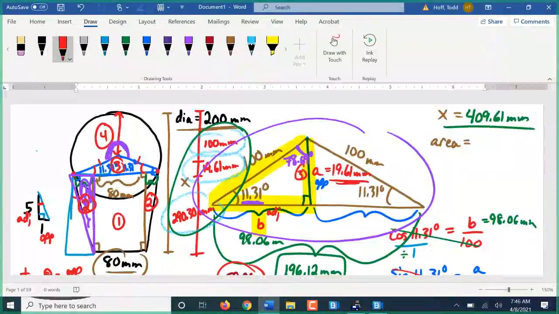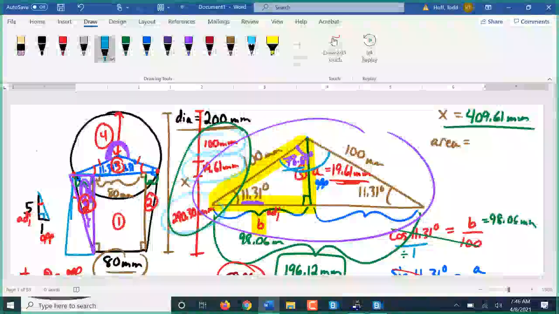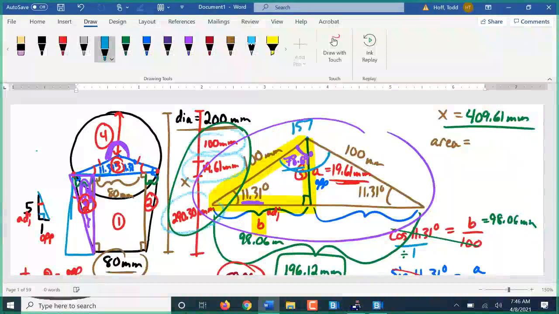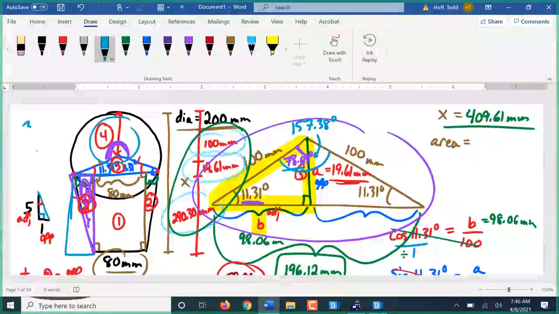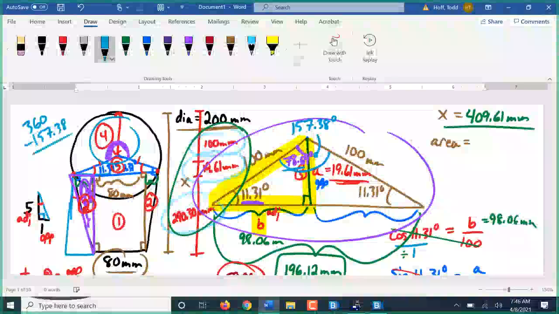Which means this whole angle here is 2 times that. 2 times 78.69 is 157.38 degrees for that angle. Which means this angle here is 360 minus the 157.38. So that's 202.62 degrees.